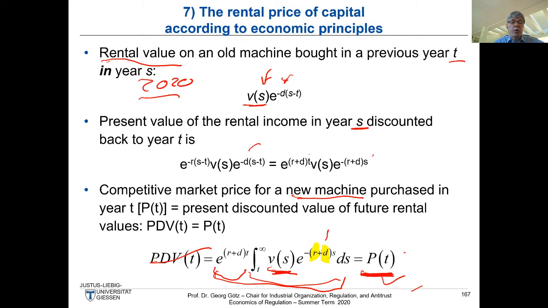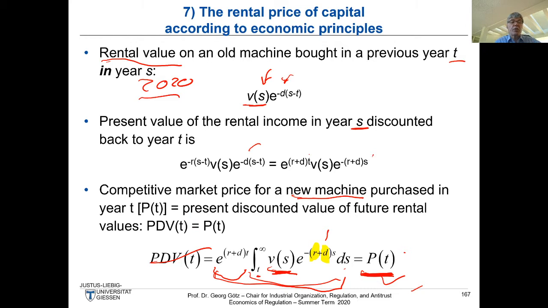And of course we apply the product rule. We take the derivative with respect to t of the first part, which just puts down r plus d, and we are left with the remaining part, which is just p_t. So this is the first part, plus then we have to take the derivative of the integral.